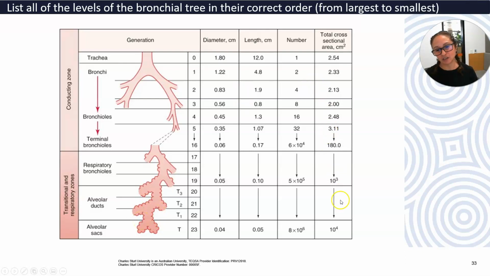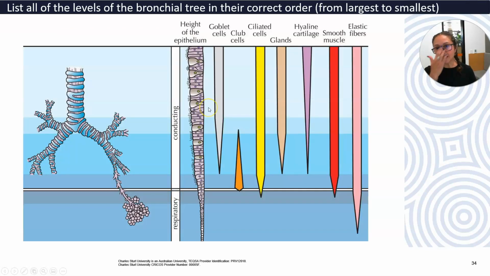It gives you an idea of how many branches there are, the surface area, and things like that. What I want you to understand is that there is a part of the airway designed just to deliver the air, and there's also a part of the airway designed for gas exchange.